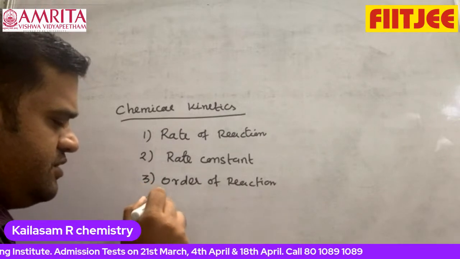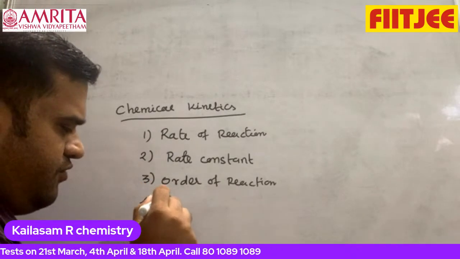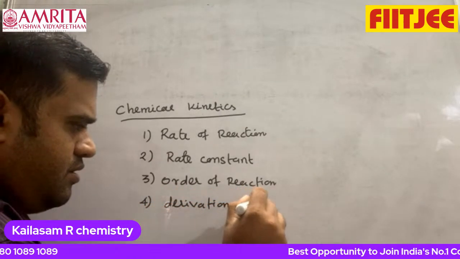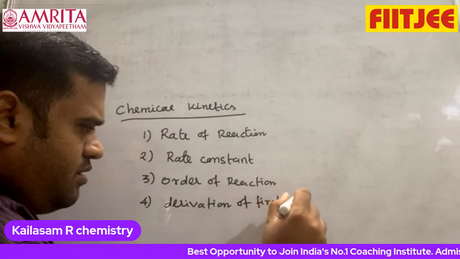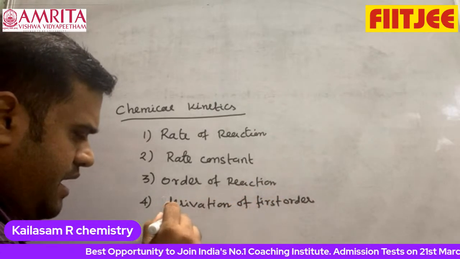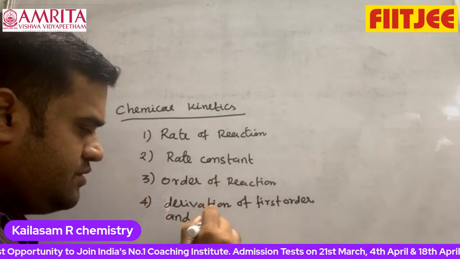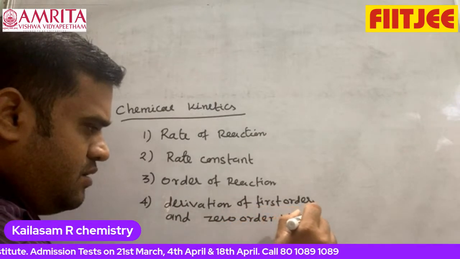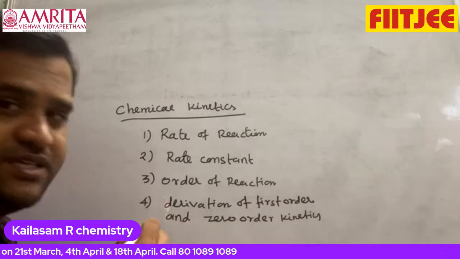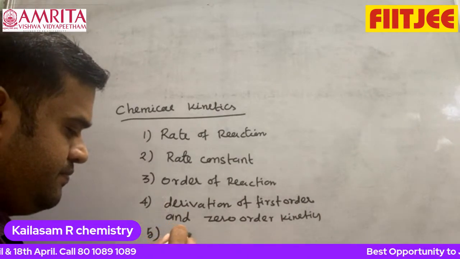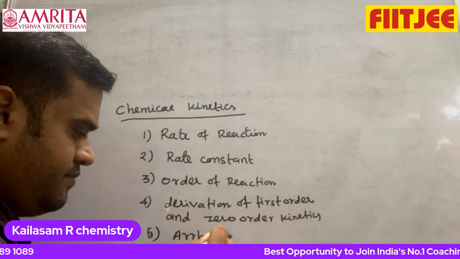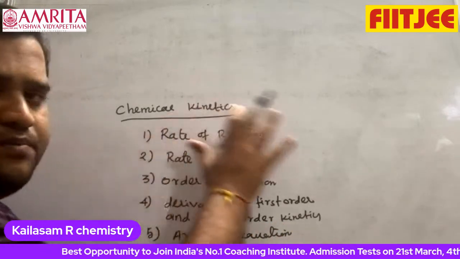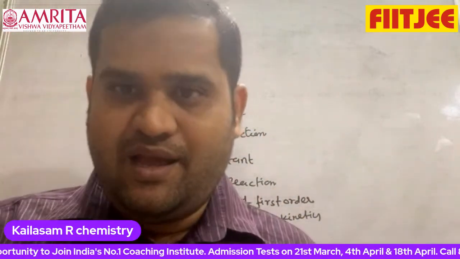And fourth will be the derivation of first order and zero order kinetics. Then fifth will be the Arrhenius equation. If I complete that, chemical kinetics is over.